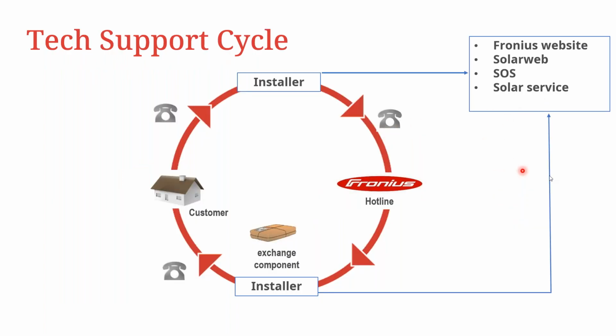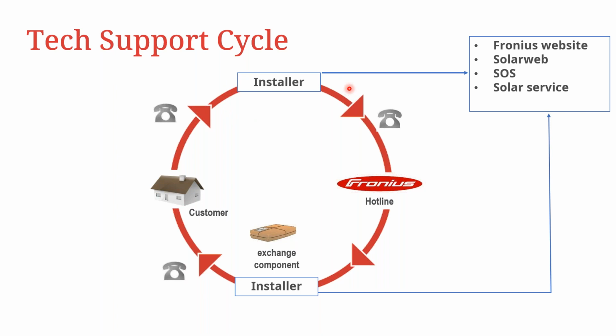So in terms of the technical support cycle, we envision a situation whereby having access to the various information and software applications from Fronius, ranging from the Fronius website, Solar.SOS as well as Solar.Service, you as an installer should be able to tackle a lot of the technical issues that might come up during or after the installation.